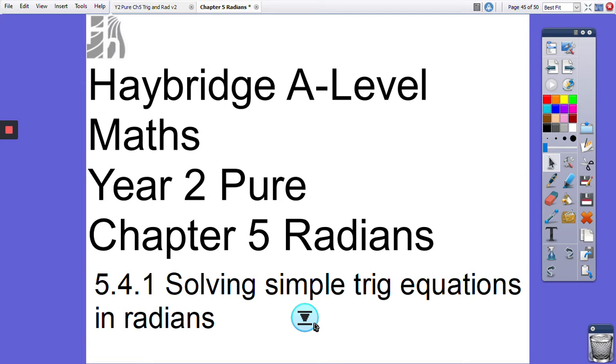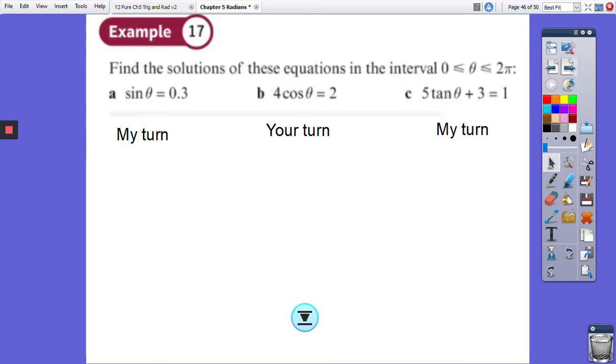So let's have a look at the examples that we're going to be doing today. Now, the way I'm going to do this, I'm going to do the three examples from the book, but I'm going to do it in a my turn, your turn, my turn fashion. So I'm going to do the first one. I'm going to let you have a go at the second one.